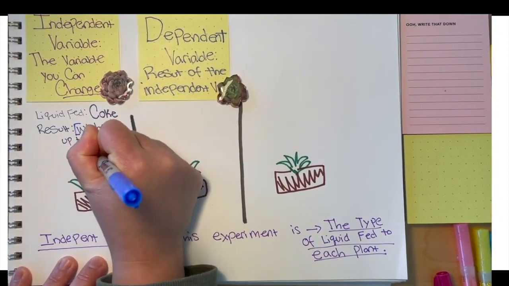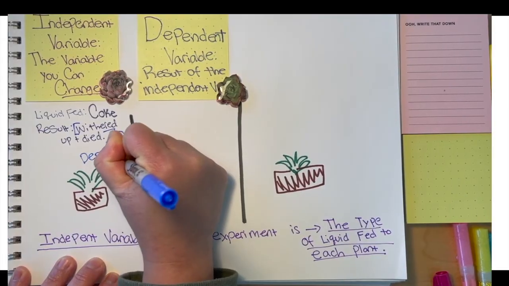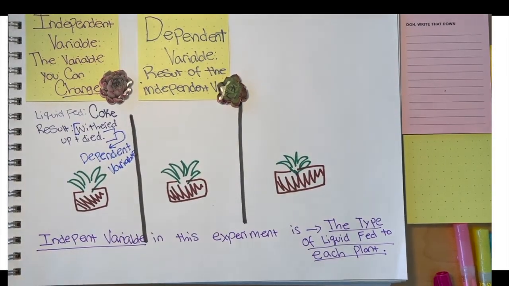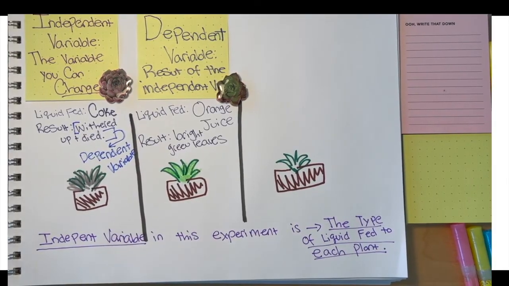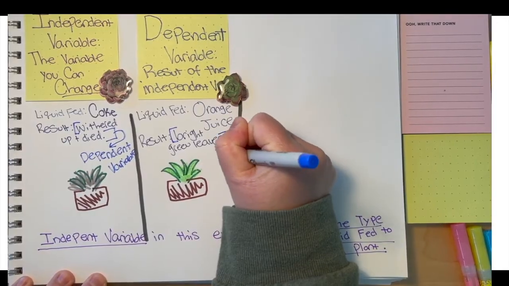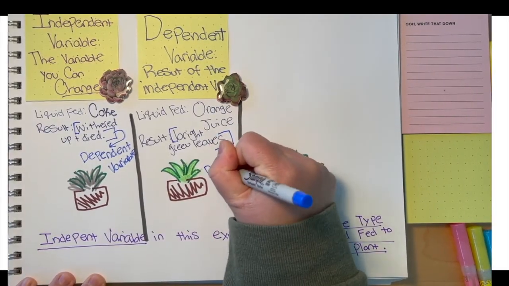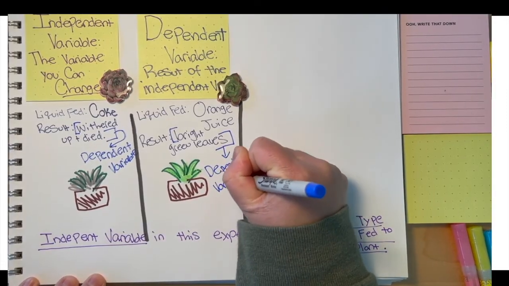That is a result of the independent variable. If the next plant we gave orange juice, and let's just say its leaves got more green and bright, then our dependent variable would be the leaves becoming bright green. This is a result of the orange juice.